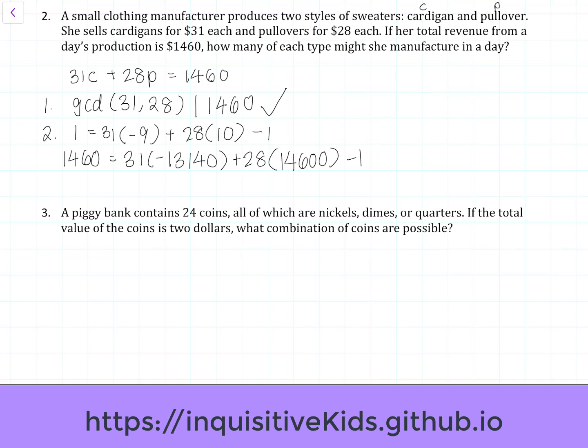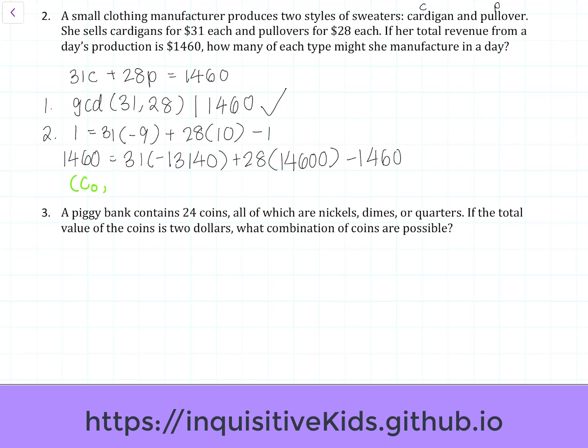As you can see here, we already have our first solution set: x0, y0 is equal to negative 13,140, 14,600. But does this really make sense for the problem? She can't sell a negative number of cardigans.